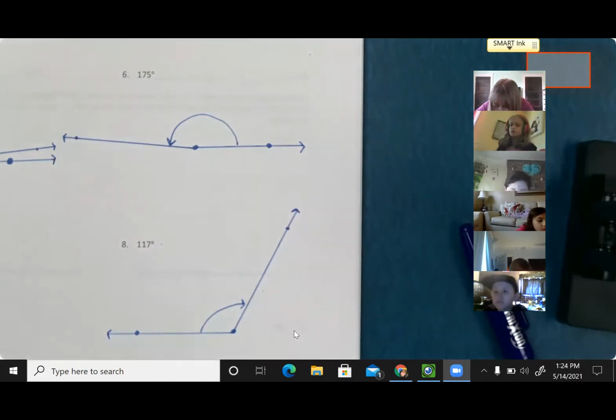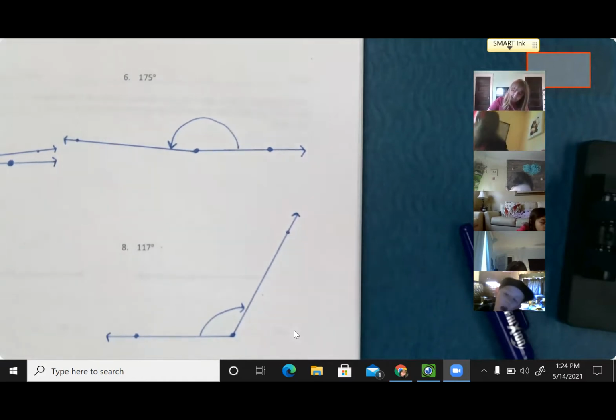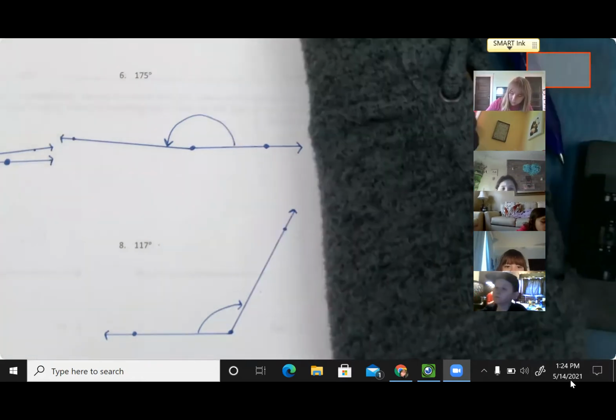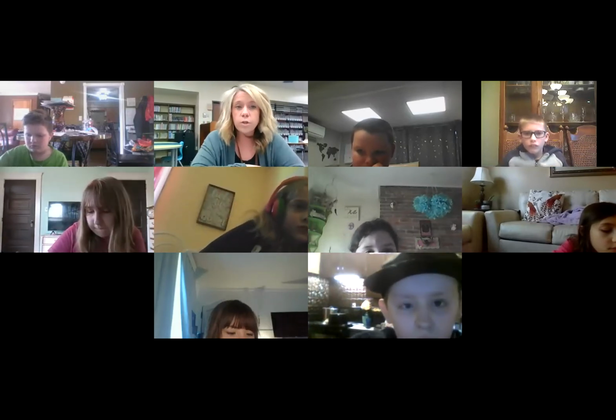Okay, does anyone have any questions about measuring angles, drawing angles using your template? So for your exit ticket for today, you do have to draw 4 angles. And I mentioned this earlier, but I just want to repeat, there's not an online submission.